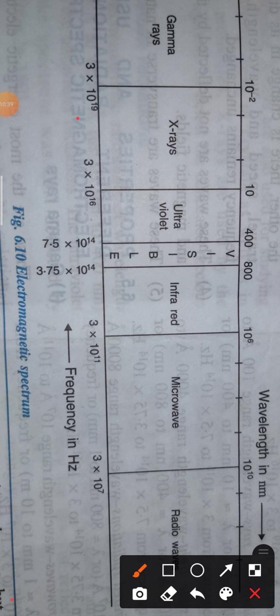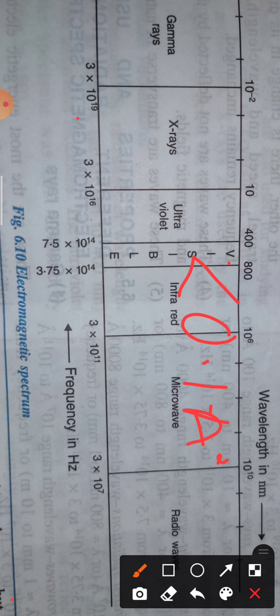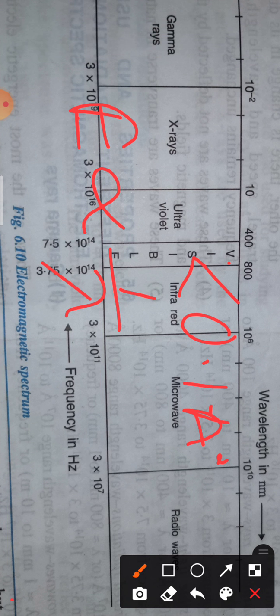The wavelength of gamma rays is less than 0.1 angstrom. Energy and wavelength are inversely proportional: energy is proportional to 1 by lambda. That means if you decrease the wavelength, energy will increase.